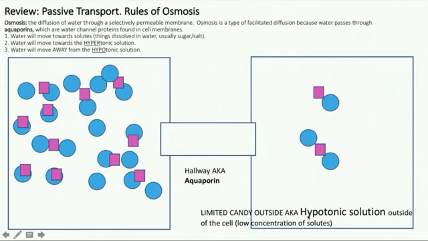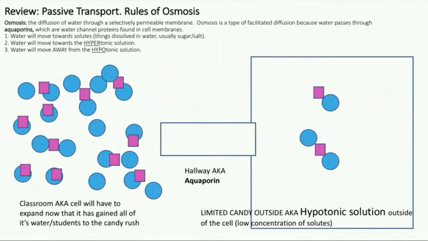So this over here, the hallway, would have been a hypotonic solution, okay, meaning that there was less concentration of solutes or less candy in the hallway than what was in the cell or in my classroom. So all the water molecules rush to this side. Now it's going to happen to my classroom or cell.